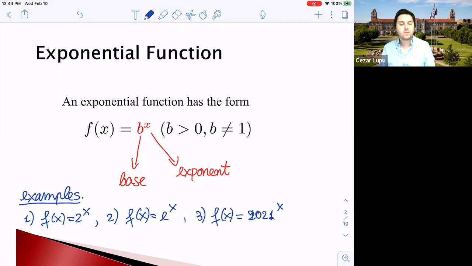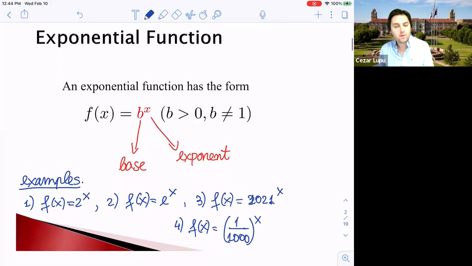Well, if you look at this exponential function, actually, this is positive. I can cook up another example. Let's say 1 over 1000 to the power x. You see, it's something between 0 and 1 here.